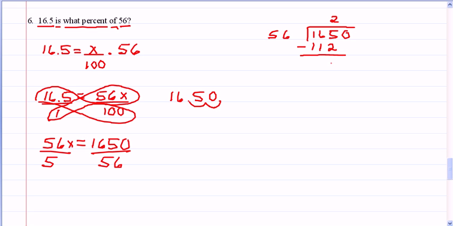I subtract, bring down the 0, and 56 times 9 is 504. 530 minus 504 is 26, and I'm going to add a 0 to make this 260.